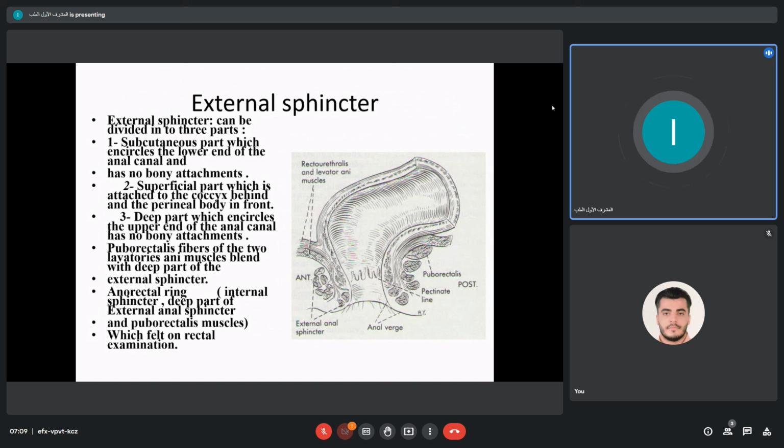This anorectal ring can be felt on rectal examination. During rectal examination, you can feel the anorectal ring. And you can see in this picture all parts of the external sphincter.